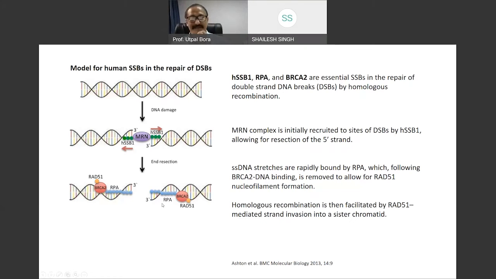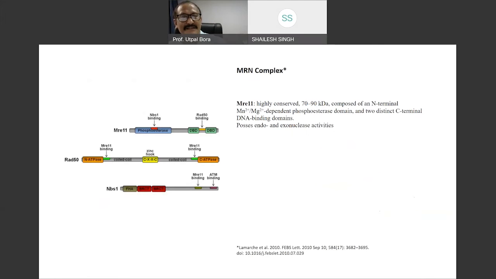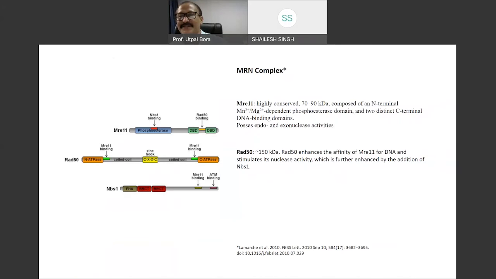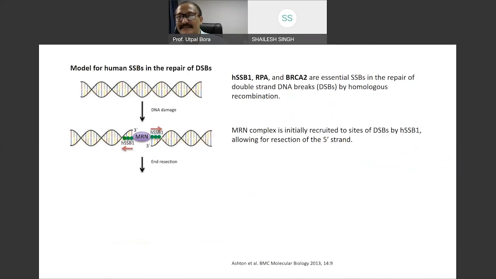As a result, homologous recombination is facilitated by RAD51-mediated strand invasion into a sister chromatid. If you go back to these slides, you can see this homologous recombination and strand invasion over here, right? How this RAD51 facilitated that. I will actually give you the slides so you can study back these concepts.